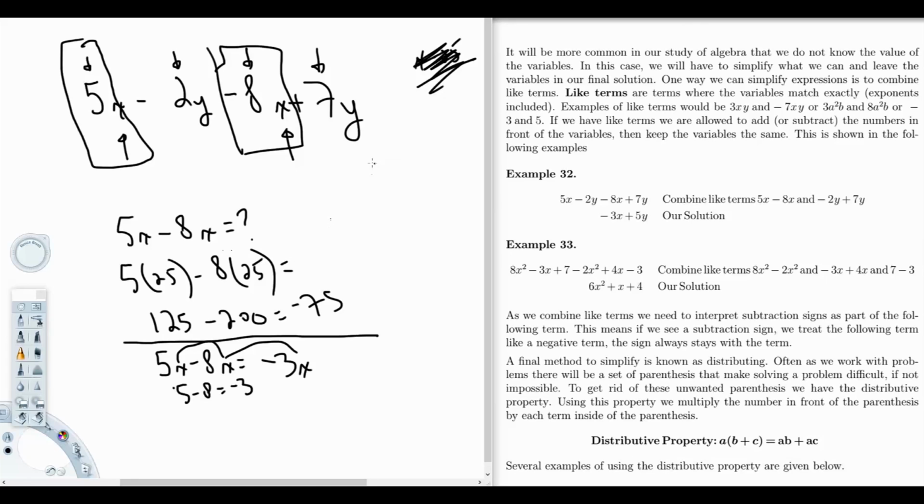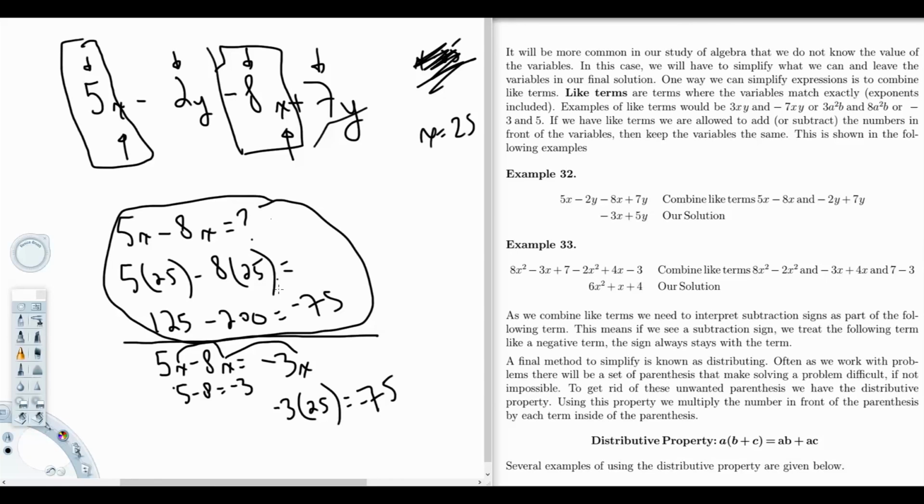So if we had x equals 25 like the previous equation, we would do minus 3 times 25 equals minus 75. Now the difference between this equation and this equation, there is no difference. Here you assign a value to x. Here you can put any number and solve the equation.